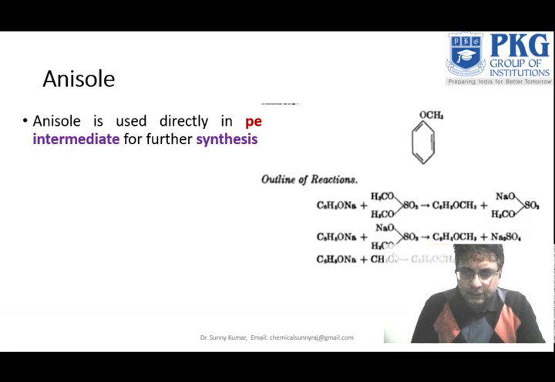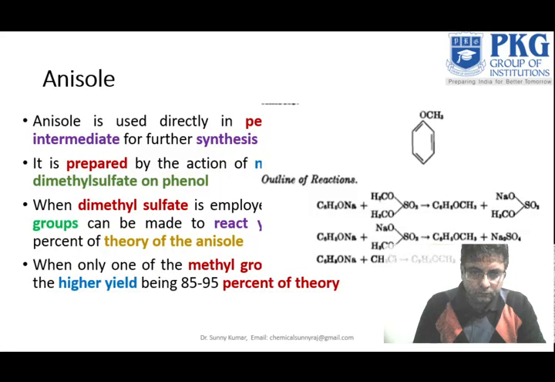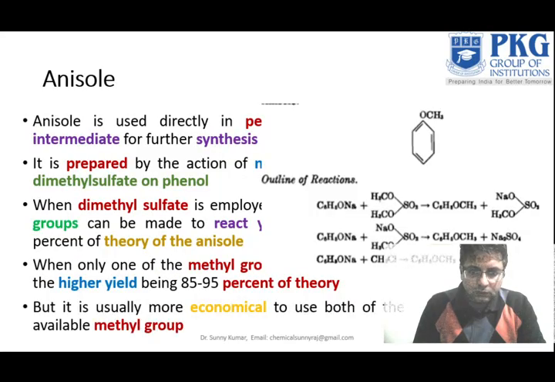And another reaction is this one, where sodium bisulfate is formed. Further, this is treated with this one, and again with CH3Cl you get C6H5OCH3 plus NaCl. So this is the proper reaction of anisole. Okay, so these are the available methyl groups you are seeing here.